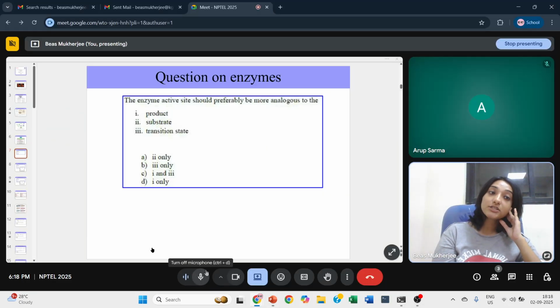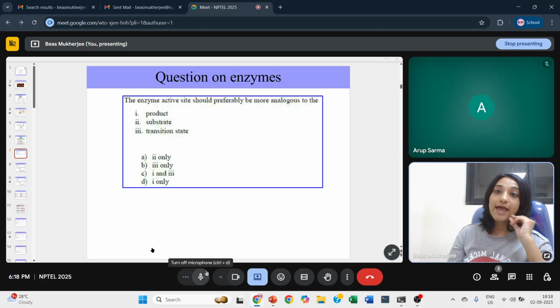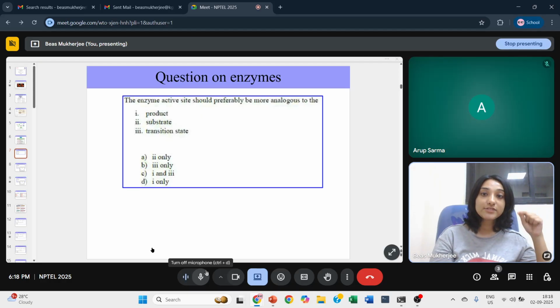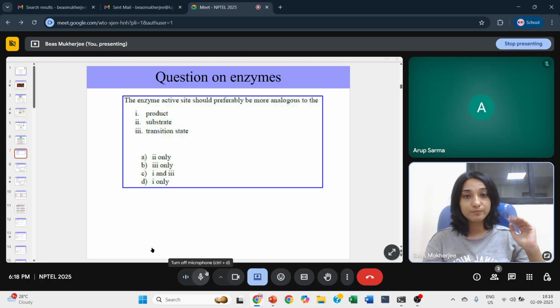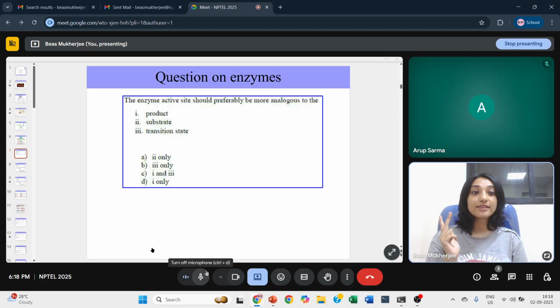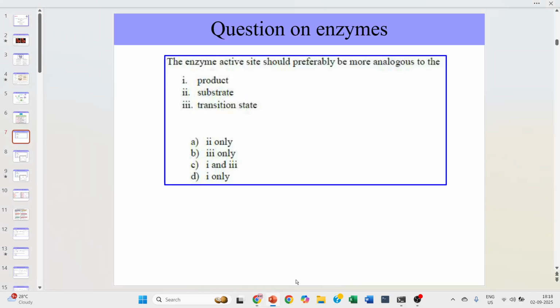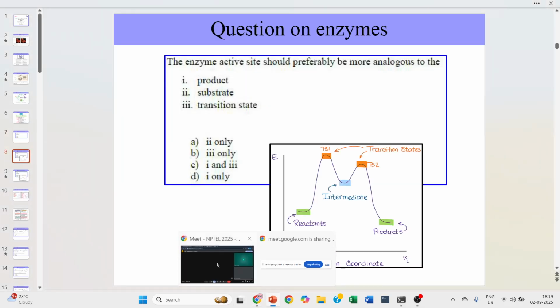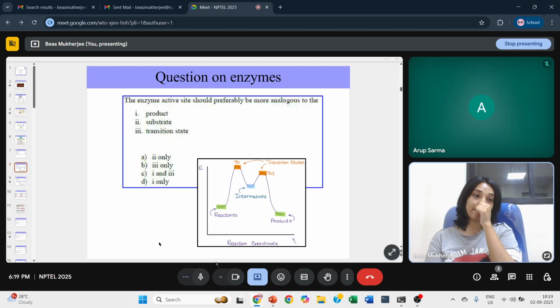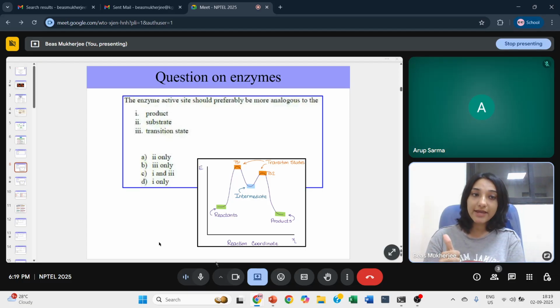Okay, so the first question for you guys is, the enzyme active site should preferably be more analogous to, one, the product, second, the substrate, and third, the transition state. Now to give you a hint, we have an image here. So based on this image, you tell me. You have to keep in mind the lock and key mechanism and the induced fit mechanism.